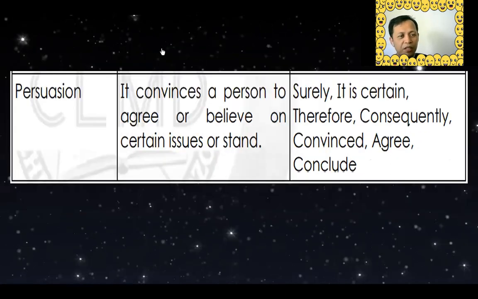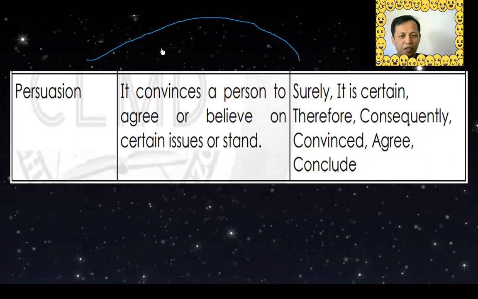Now, persuasion would be the last one. Persuasion convinces a person to agree or believe in a certain issue or stand. Now, the keywords are here: surely, it is certain, therefore, consequently, convince, agree, and conclude.